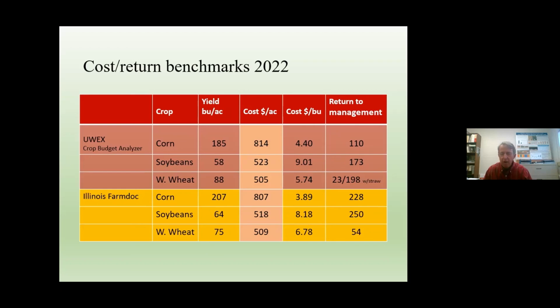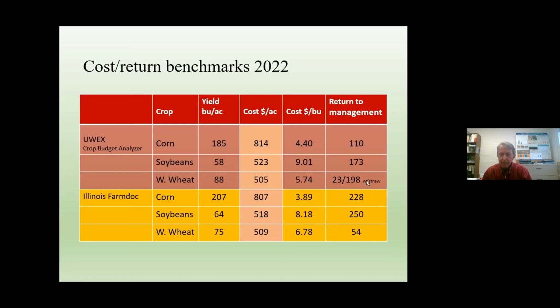So this is all of my custom rates, I'm assuming, include ownership costs for equipment and probably some ownership costs for fixed assets like buildings, but maybe not all, and probably not owner's management or labor. But a little better return for soybeans under my assumptions.